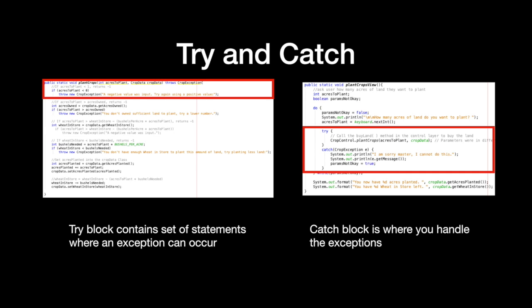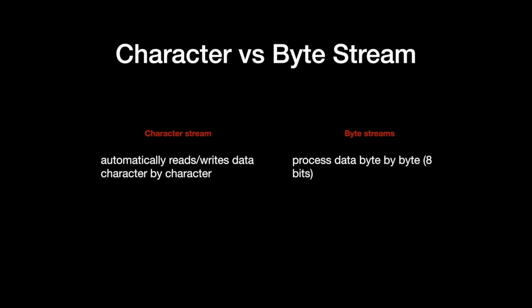Now, there are two different ways that we can write data to the disk: the character stream and the byte stream. Basically, the character stream automatically reads and writes data character by character. The byte streams process data byte by byte, meaning in units of 8 bits.